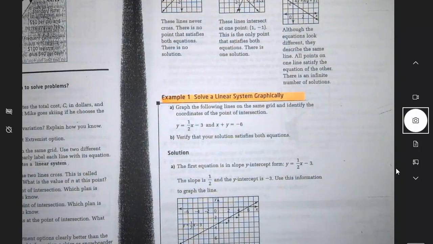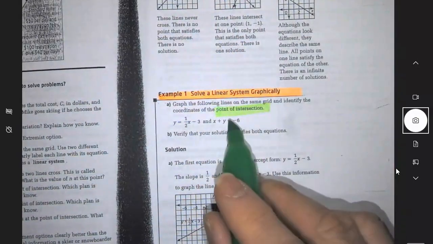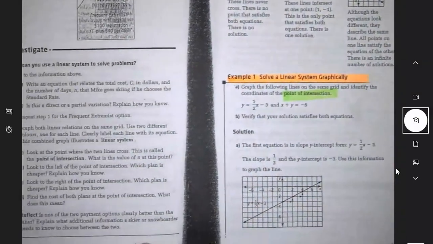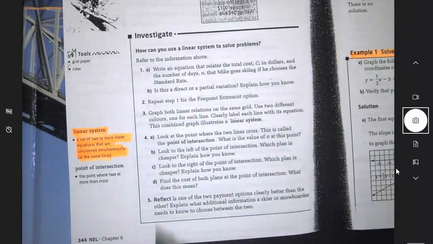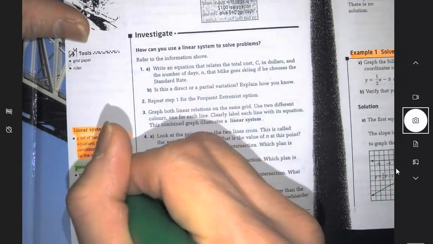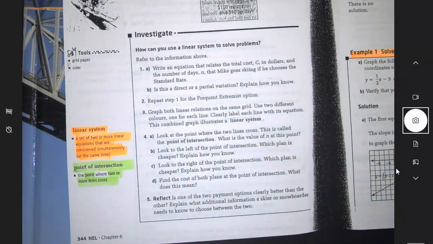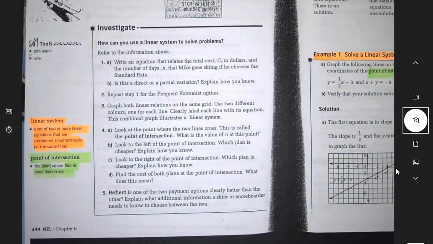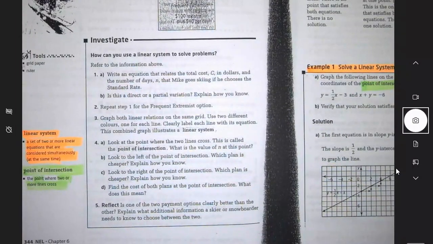Now, point of intersection, as I said before, if you look back on the side here, that's the point where two or more lines would cross at each other. Okay? Point of intersection, that's when two or more lines will actually cross or intersect with each other.